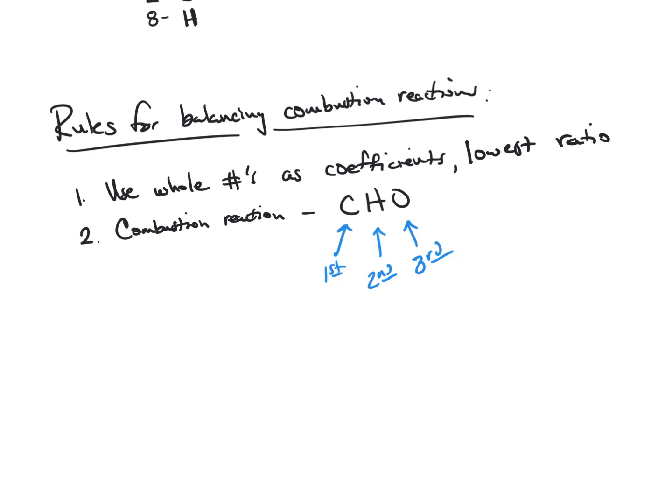So just keep in mind the rule of CHO for combustion reactions. Now, this rule is specific to combustion reactions. If we were just balancing a regular chemical reaction that's not a combustion reaction, we would not follow the rule of CHO because we wouldn't necessarily have carbon and hydrogen and oxygen present in that reaction.